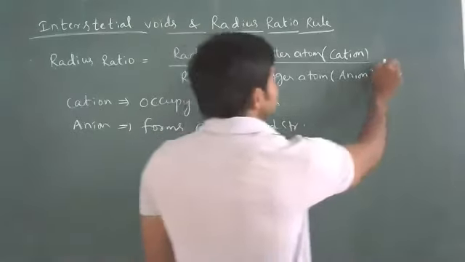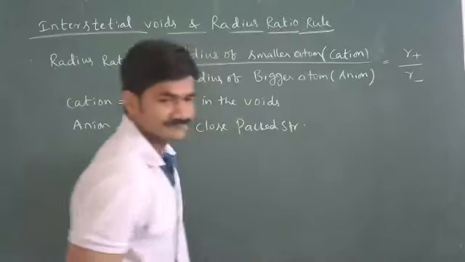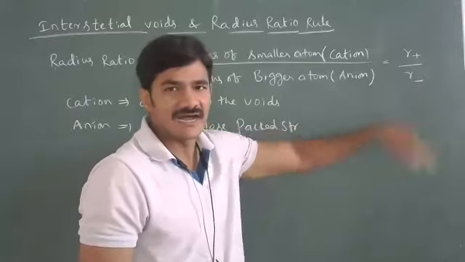Now here, the radius of cation, what can I write? R plus by R minus. Radius of cation is R plus, radius of anion is R minus.